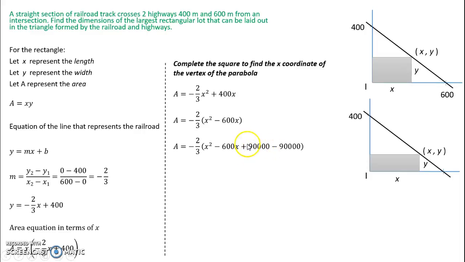We add 90,000 inside the bracket and subtract 90,000 inside the bracket.